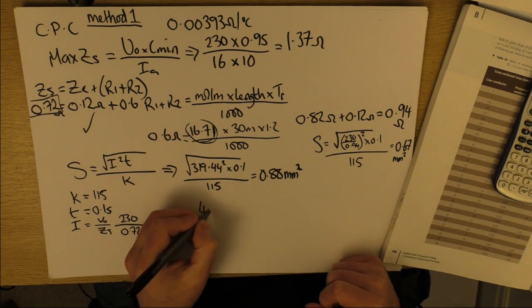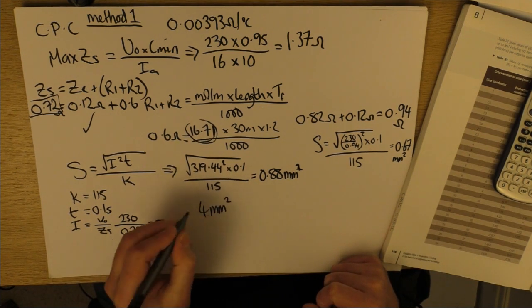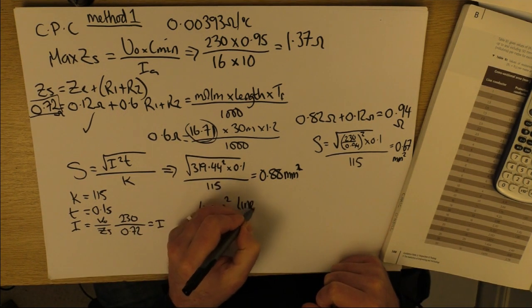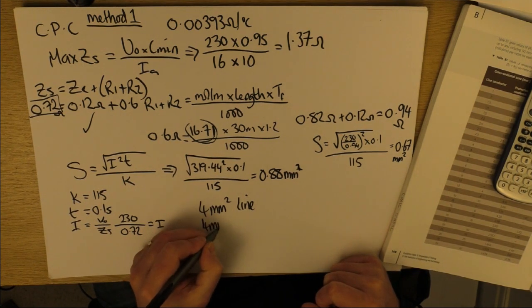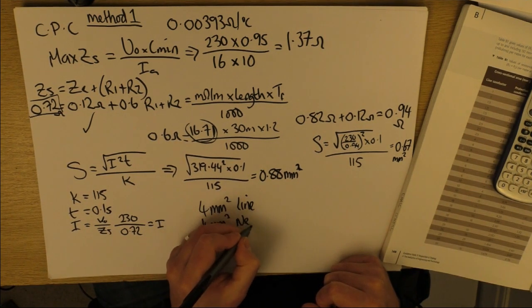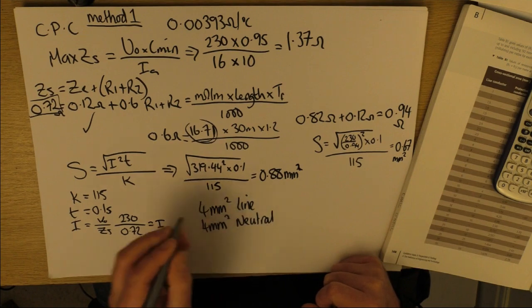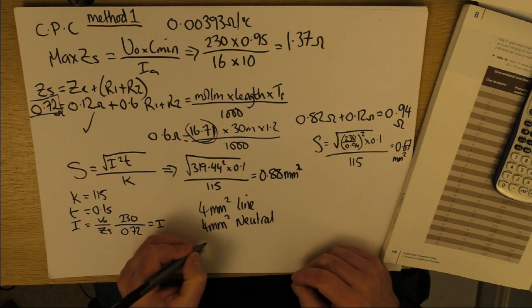So in total then, that circuit is going to have 4 mil line conductors, 4 mil neutral conductor, if it needs it.